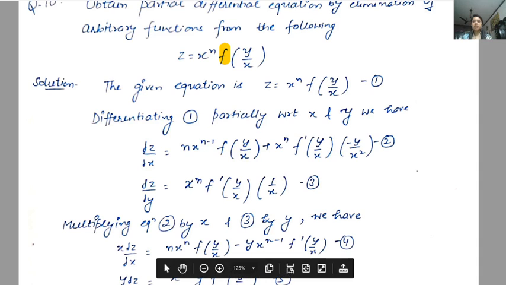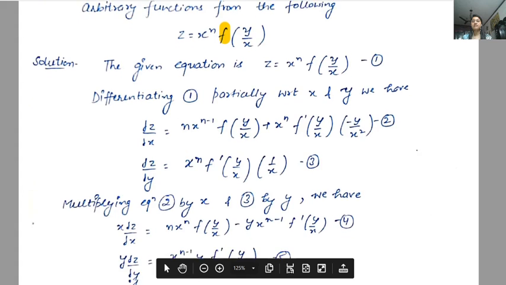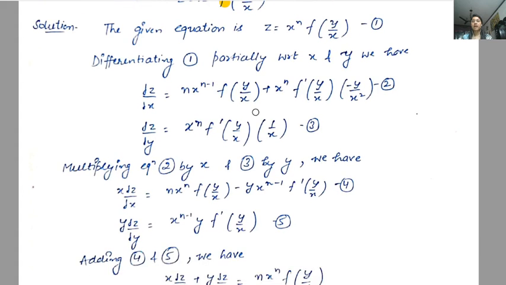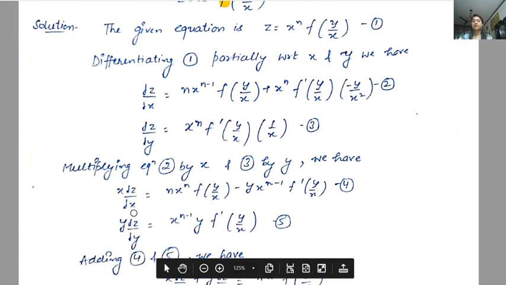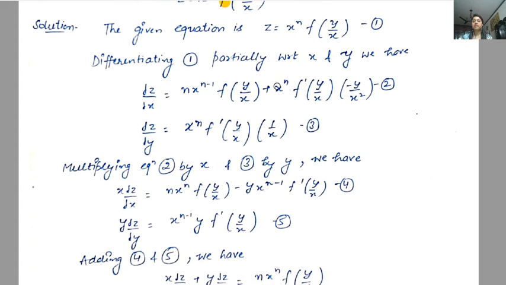Now multiplying equation 2 by x and 3 by y, we have x ∂z/∂x equals n x^n f(y/x) minus this, minus here y into these two powers are x^(n-2), and when we multiply it by x, we are left with x^(n-1) into f'(y/x).